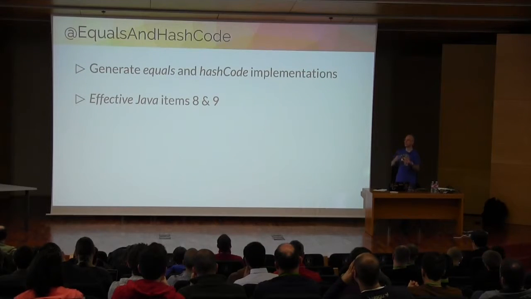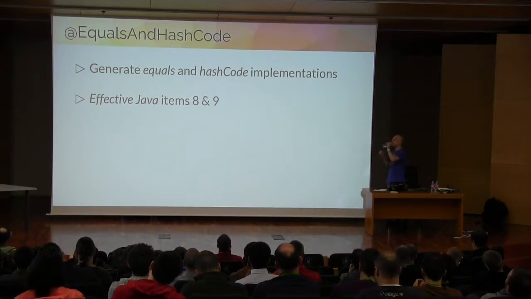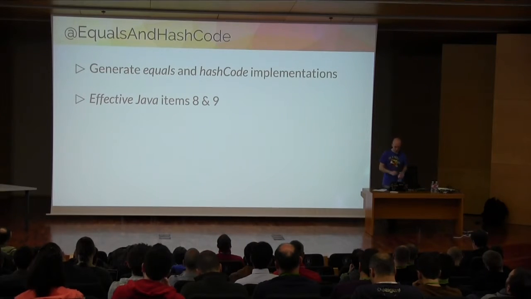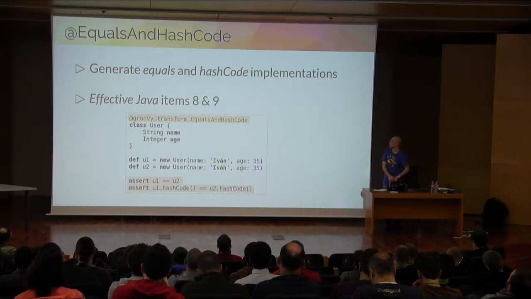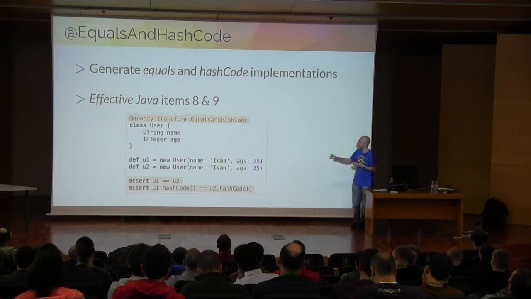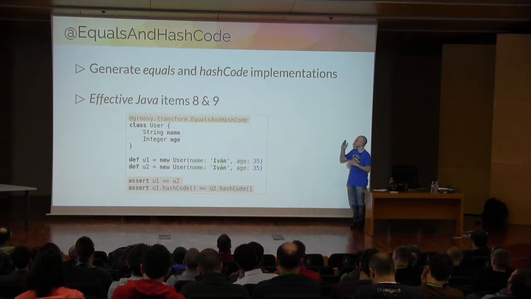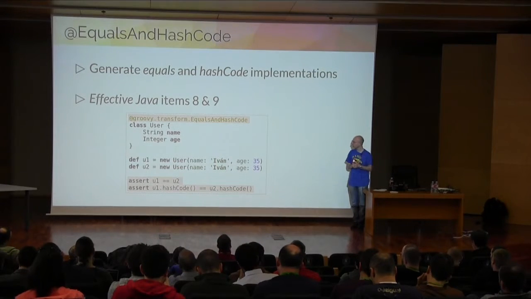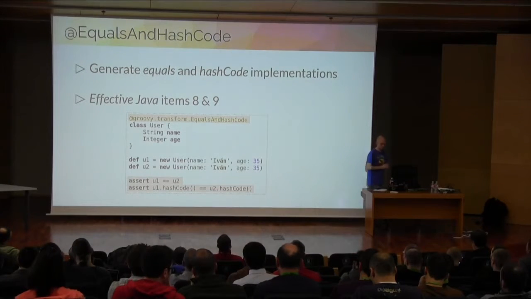And you should use the same fields for equals and also for hashCode. So if you have, again, our user class, we annotate the class with EqualsAndHashCode. We create two instances with the same values, and because we are implementing these methods, we can check that both instances are equal and their hashCode is the same.